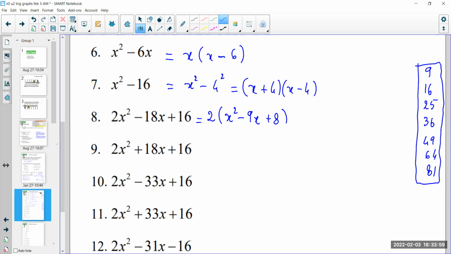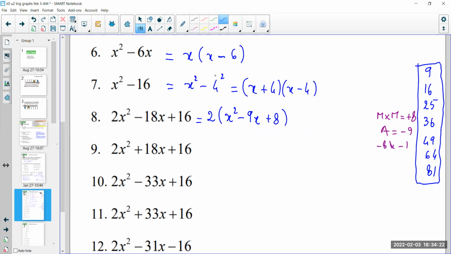And again, you use the MAM method. I'm looking for two numbers such that if I times them, I get positive 8, and if I add them, I get negative 9. Guess what? 8 and 1 would bring me to a 9, but I need to have them both negative. So -8 and -1.